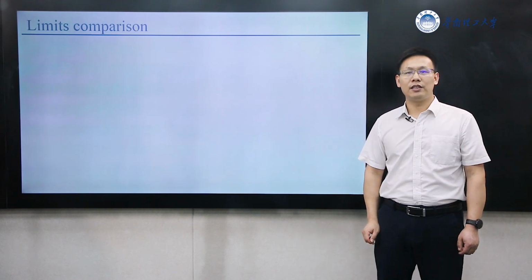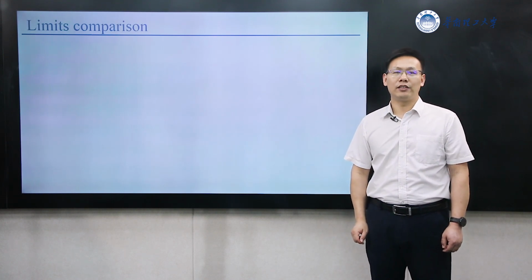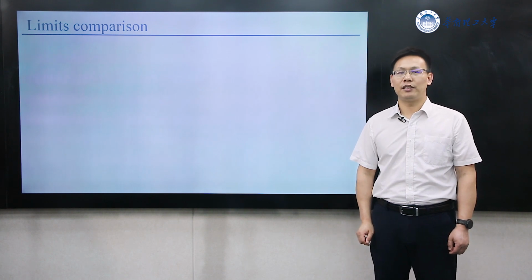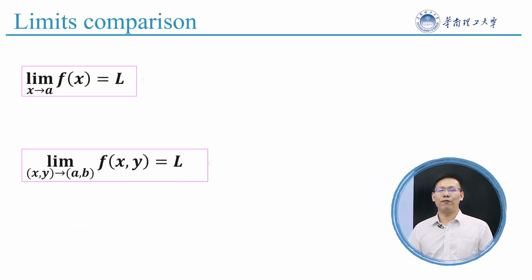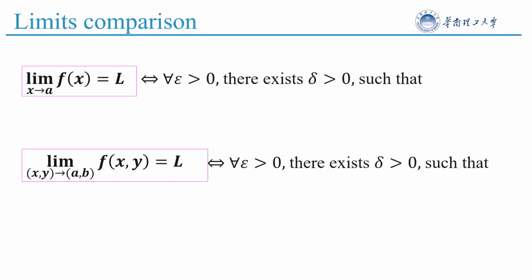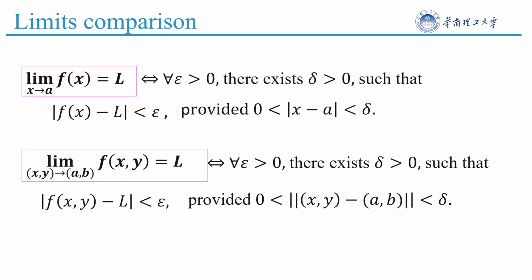Then, what's the similarity and difference of the limit definitions between the functions of one and several variables? On one hand, according to the epsilon-delta definition, they have similar formal definitions.